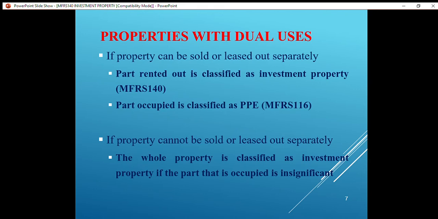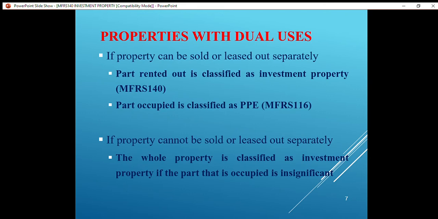If the property or the building is to be sold or to be rented out, it must be sold as a whole, not separately, not to be sold by floor or by story of the building. So if the building is to be sold or rented out, it must be sold or rented out as one whole building.